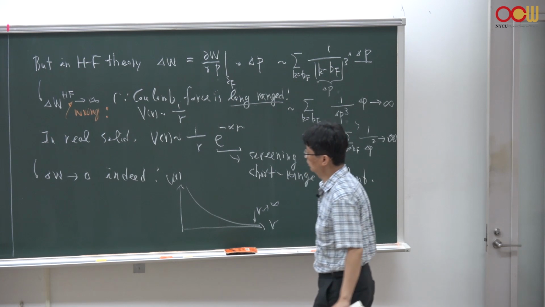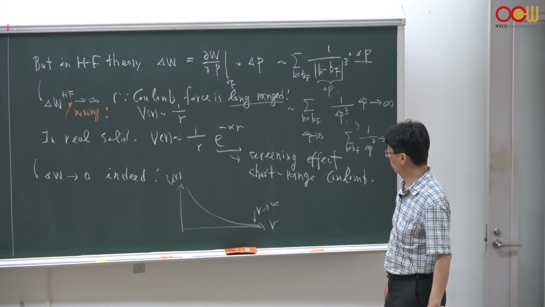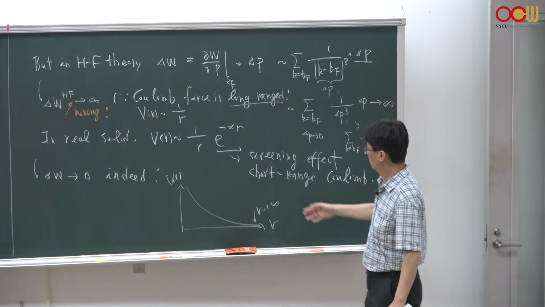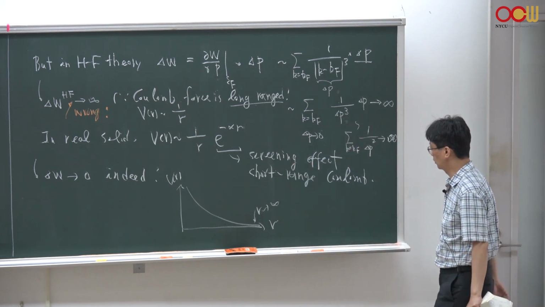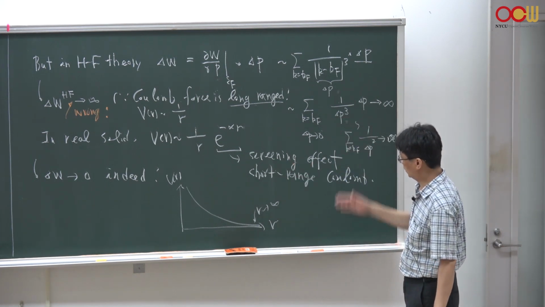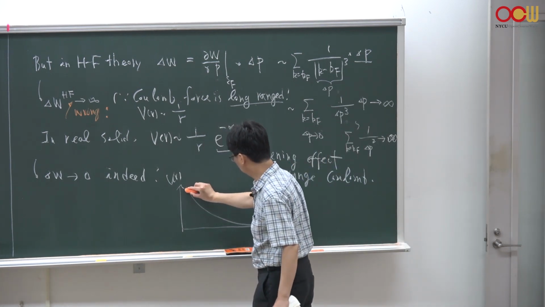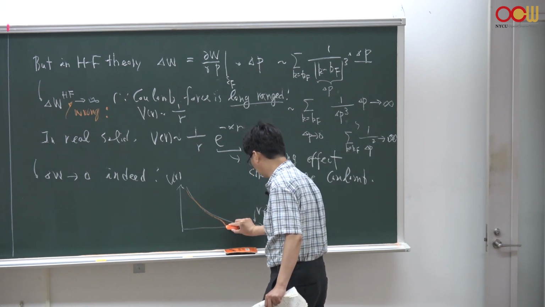And that will lead to this realistic picture in the realistic solid, that the Coulomb potential or Coulomb force is actually screened. There's a screening effect of the Coulomb potential which cuts off these long-range tails in realistic solids. So in realistic materials, the Coulomb interaction goes like this.